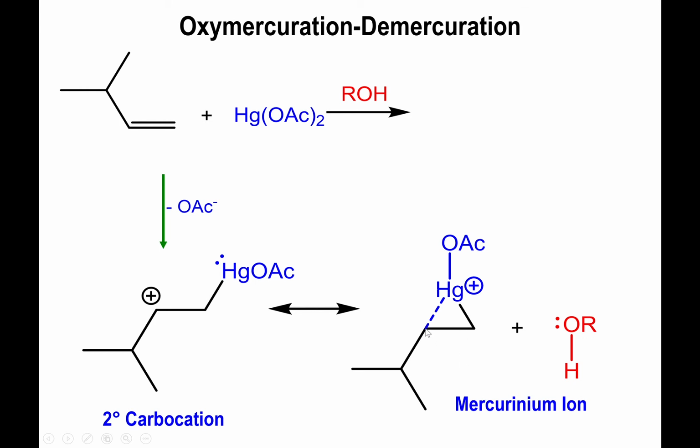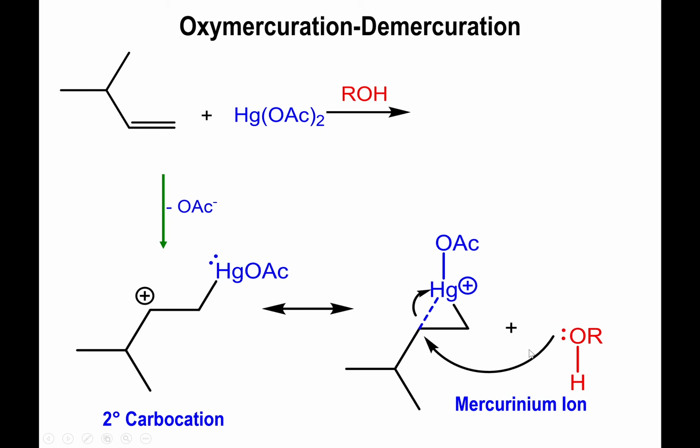So this carbon here on the left side is the most substituted, and that's where the alcohol will attack. The mercury will basically get out of the way and produce the following etherate with an anti-configuration.